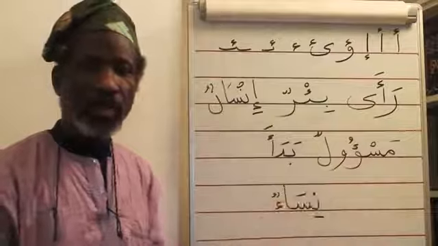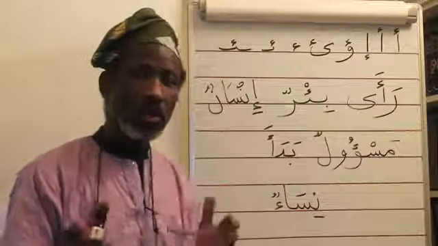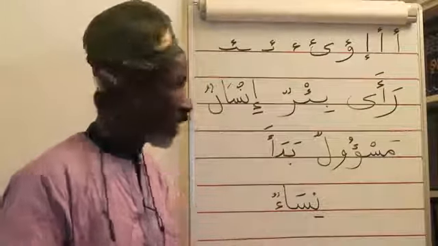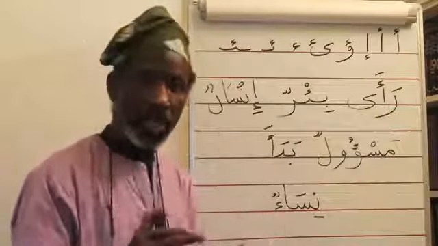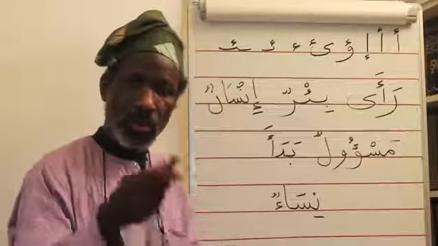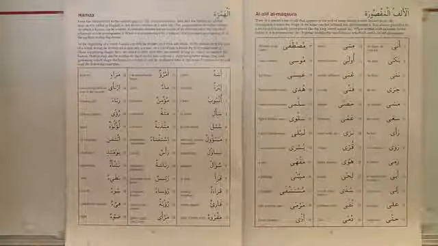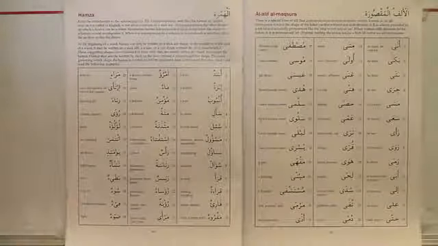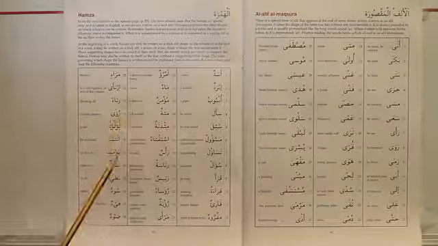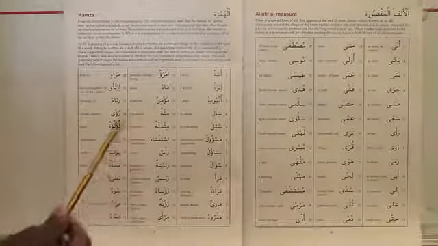To reinforce this, let's now go to page 63 and read the whole page, and also you need to copy them as well. Page 63. On this page, plenty of practice for you there to read hamza in its various positions.